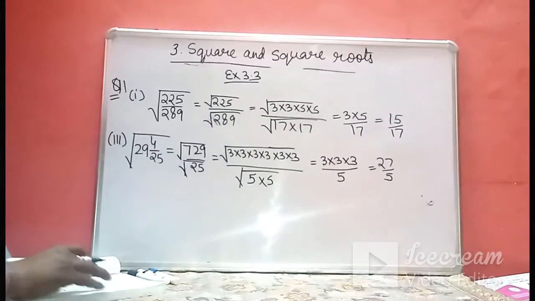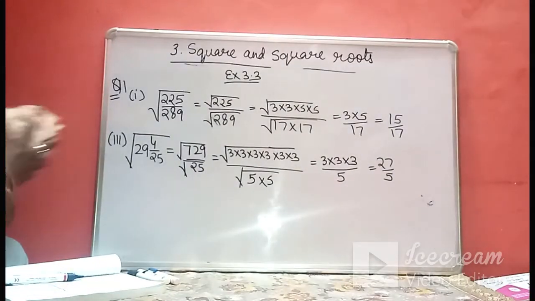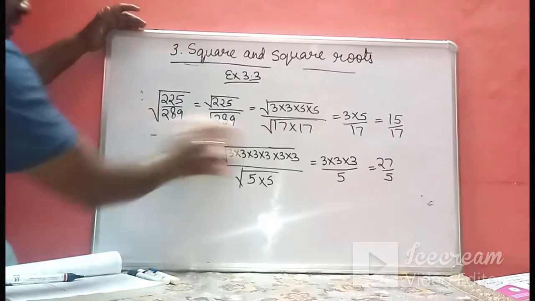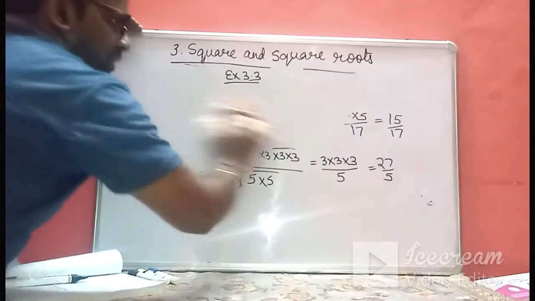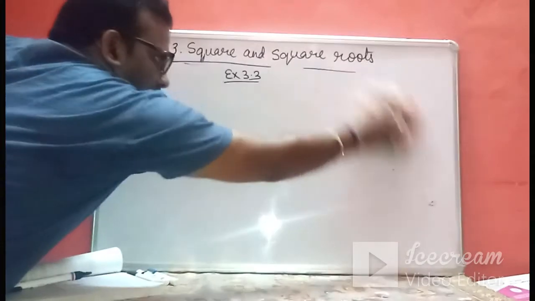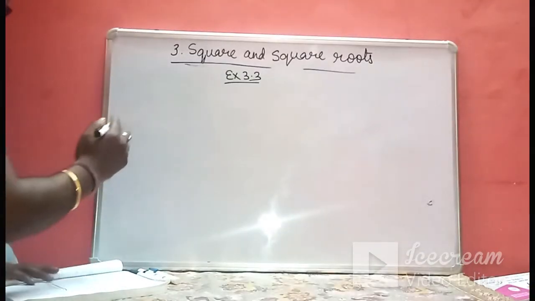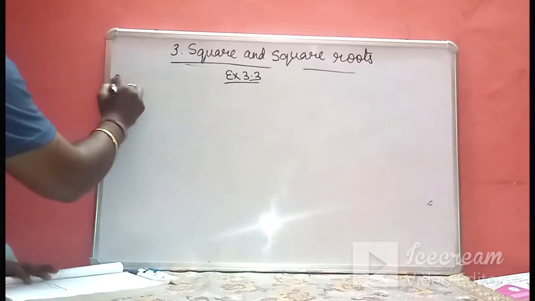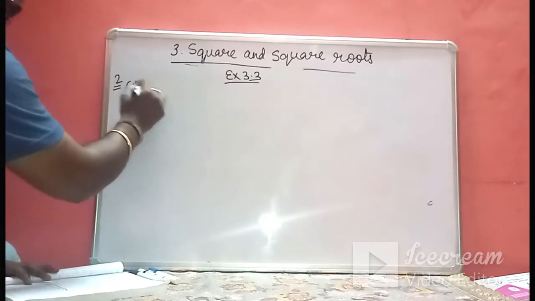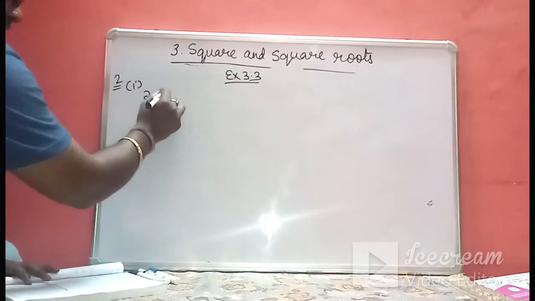Then we will calculate the square root of decimal numbers, and I will tell you the method. Suppose I have to calculate the square root of 2.56.